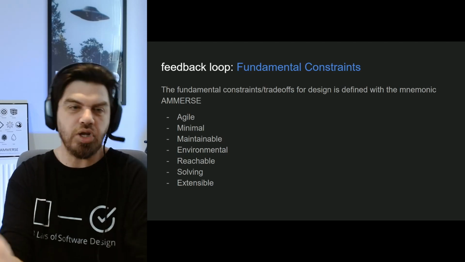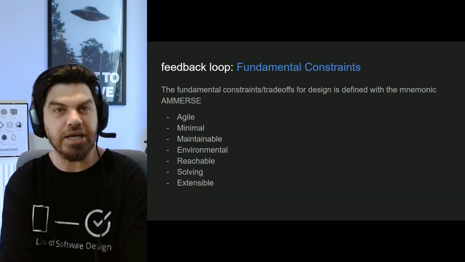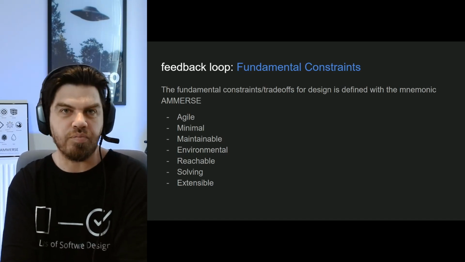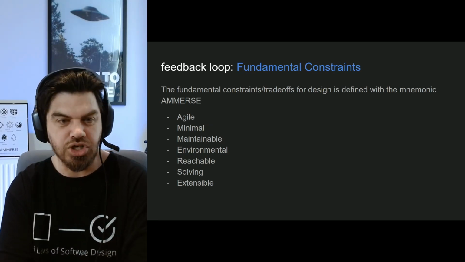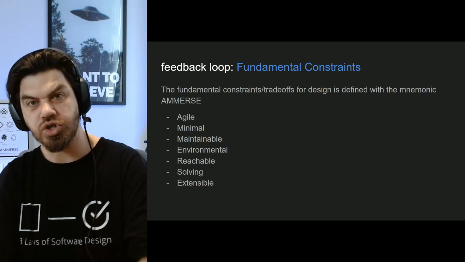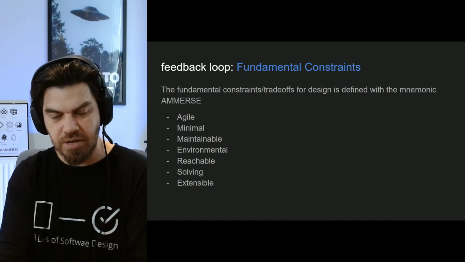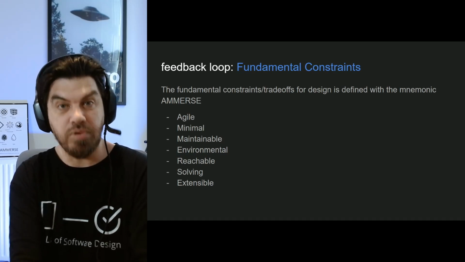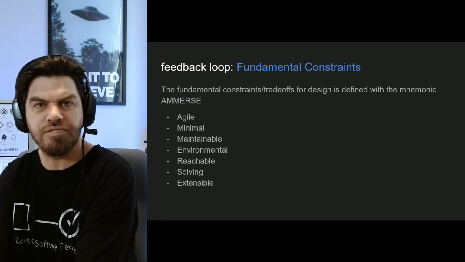So we've got minimal and agile and maintainable, environmental and reachable, all kind of tugging at each other because we need to solve this problem. But how we solve a problem, those constraints all play against each other. And by the way, it's not just solving a problem. Now there is also an element of state A and B in terms of how do I solve a problem now that remains a robust solution for later.